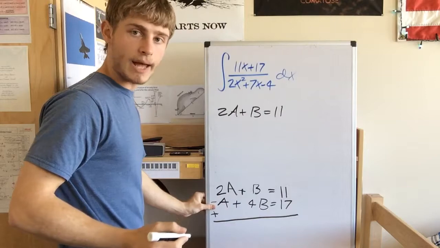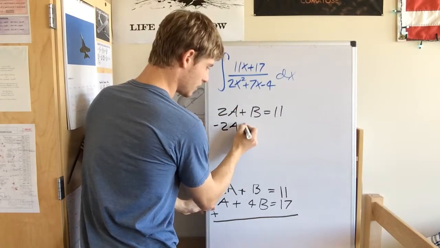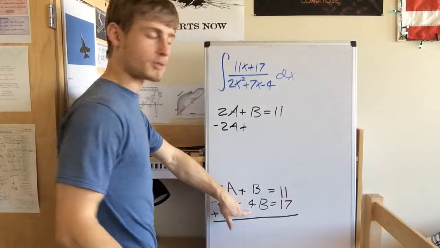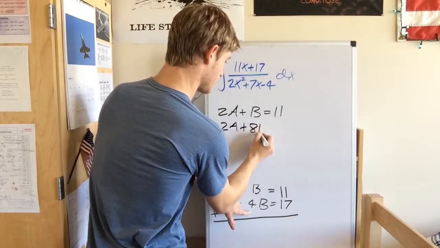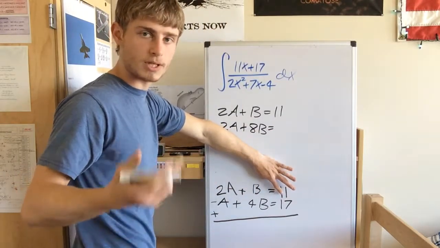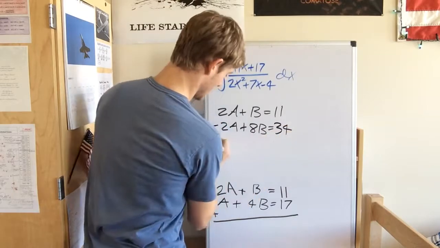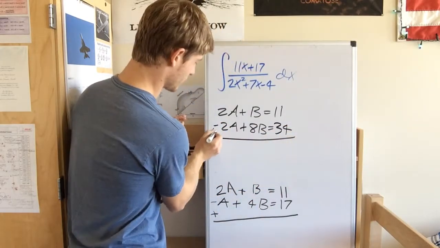And now we have negative a times 2, which is negative 2a, plus 4b times 2, which is 8b, equals 17 times 2, which is 34. And we're going to put our addition back, plus.